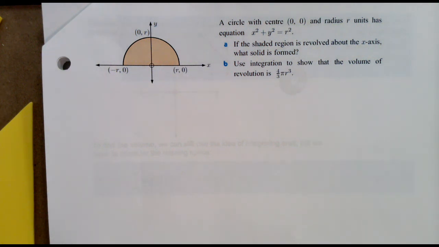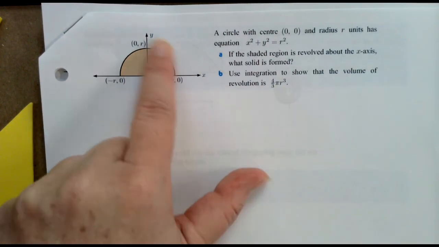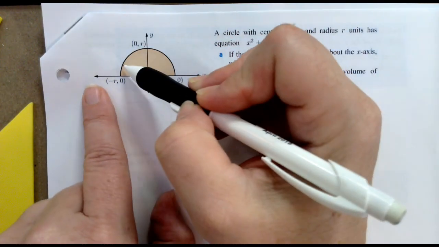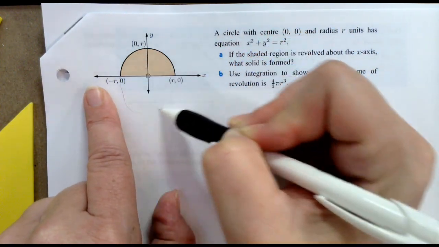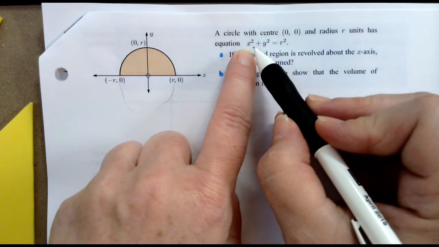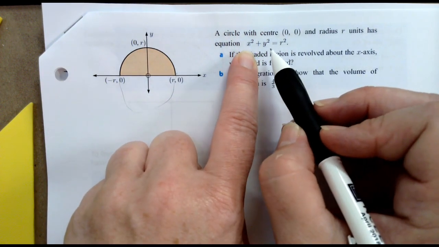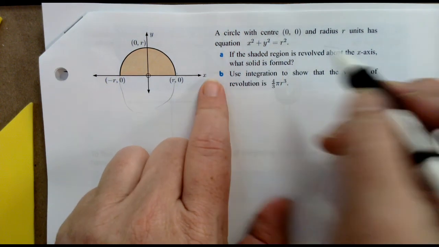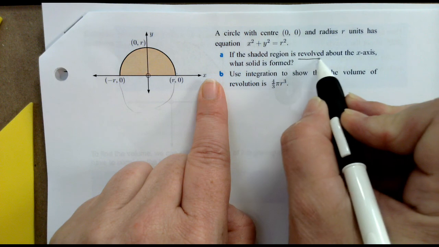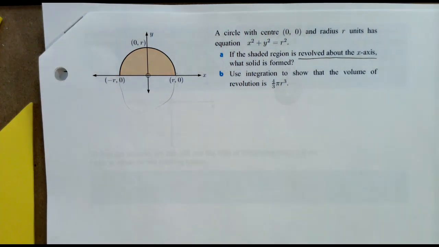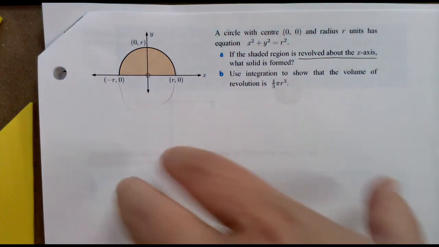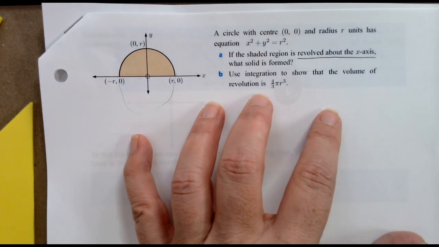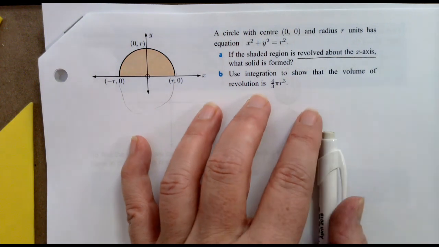And look at this. Well, it is a semicircle, okay? But the equation for the full circle, any full circle, is x squared plus y squared equals r squared, right? If the shaded region is revolved about the x-axis, and by the way, this is from the Australian textbook, so they don't say through 2 pi.